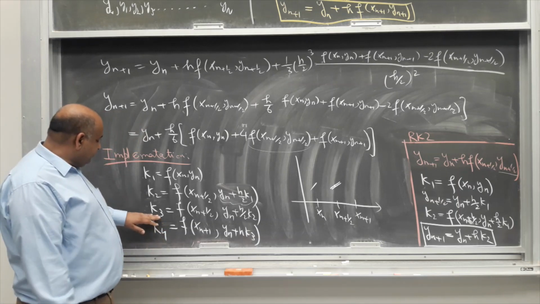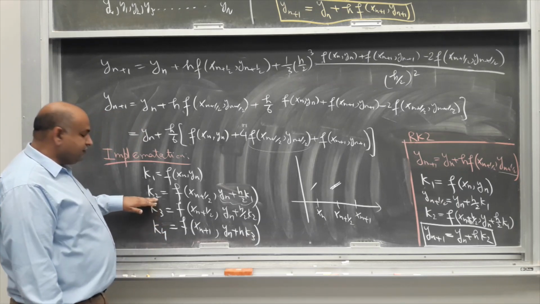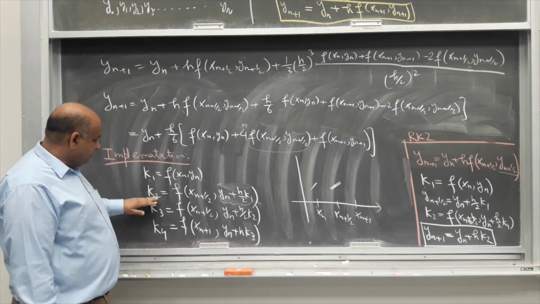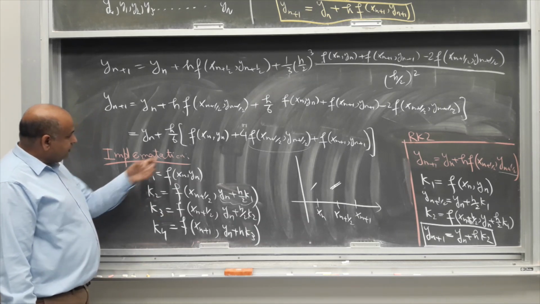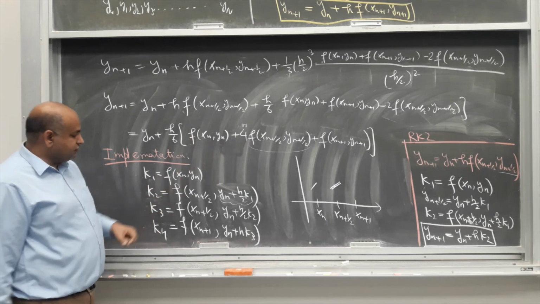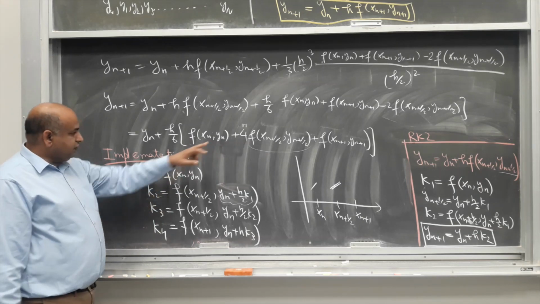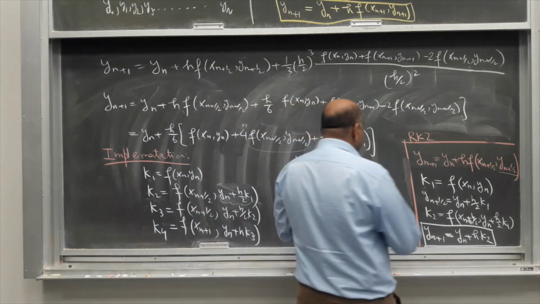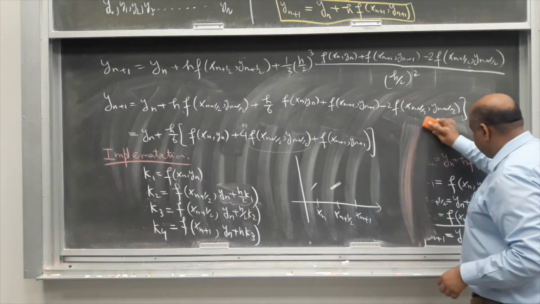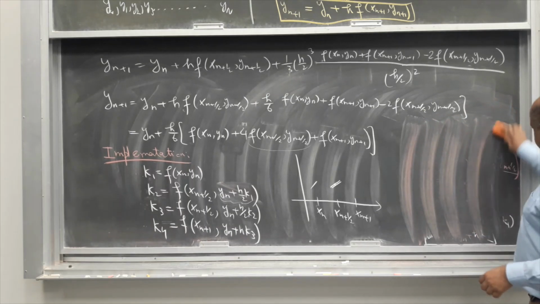So we use k3 because k3 is a better estimate than k2 and more stable as well. So now we have this k1 for this, k4 for the last term, and k2 and k3 for the central term. So there are several implementations that we can think of.